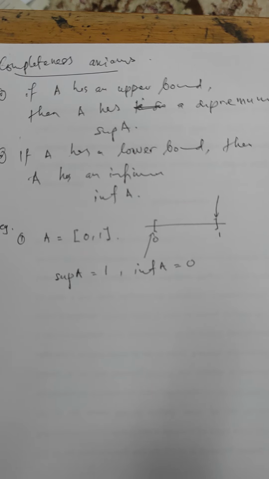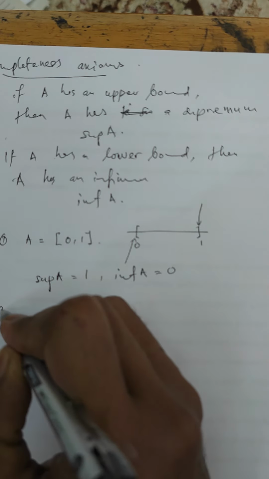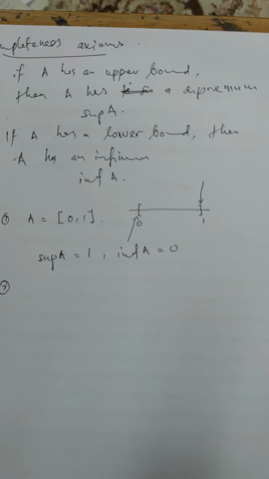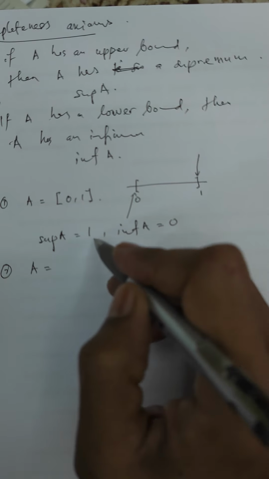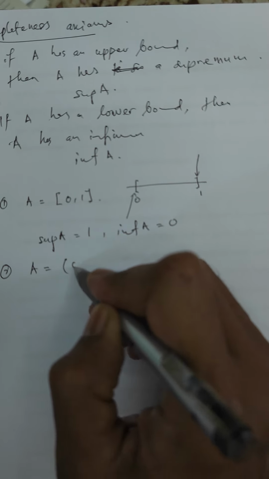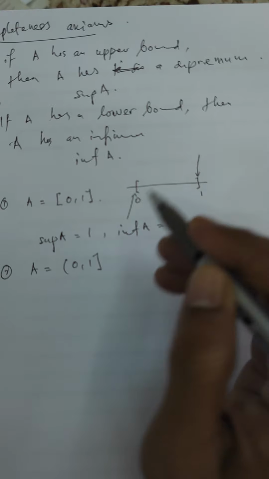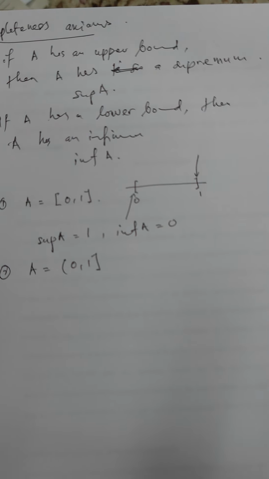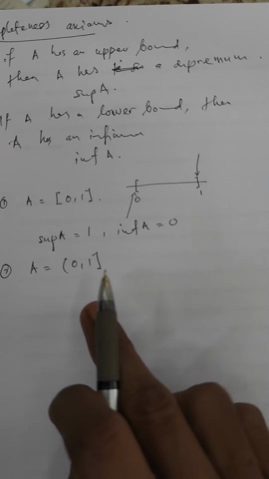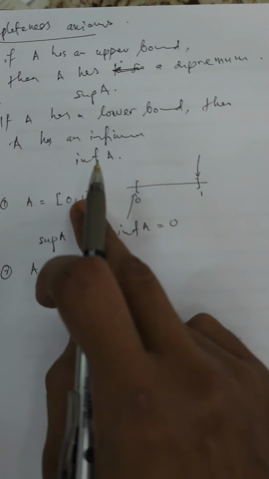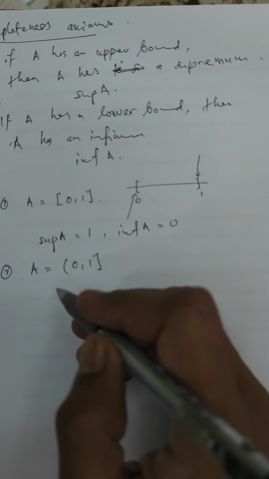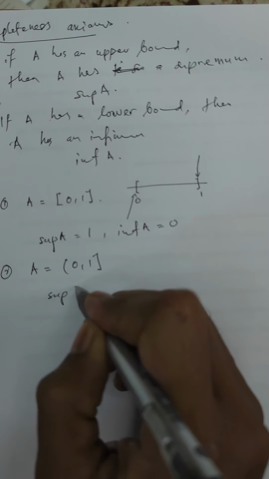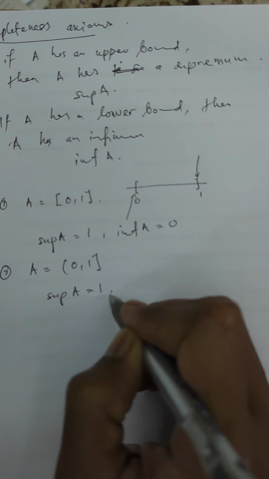Okay? Now let's consider the second example. If we consider set A is 0 and 1, a half open set. So in this case, the supremum of A is still 1.